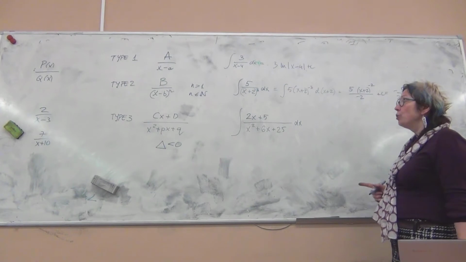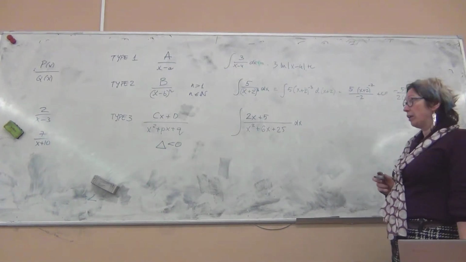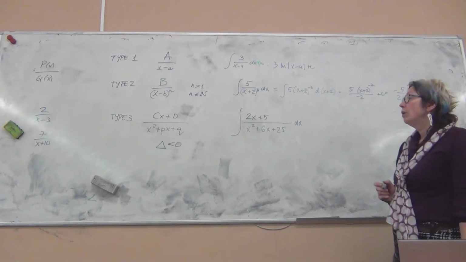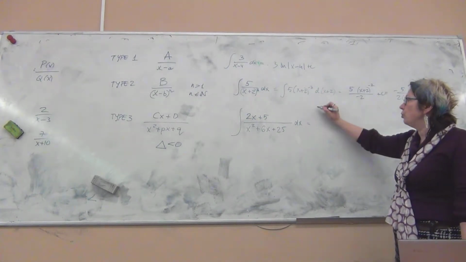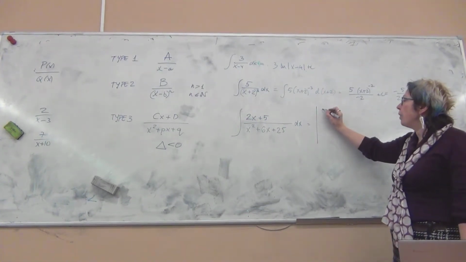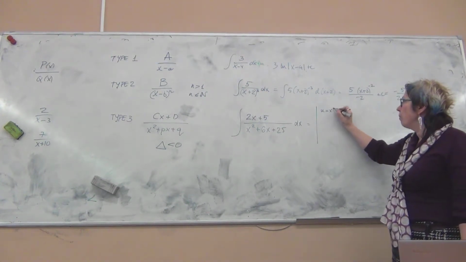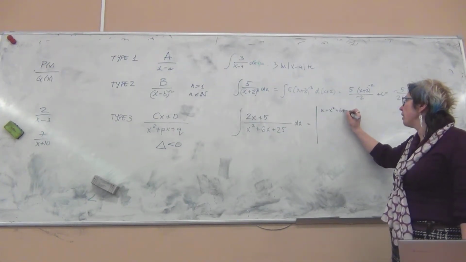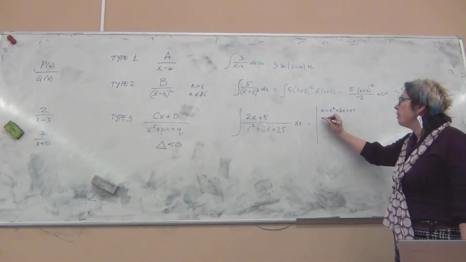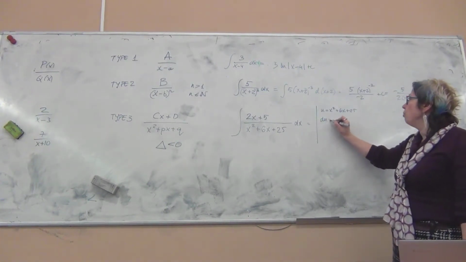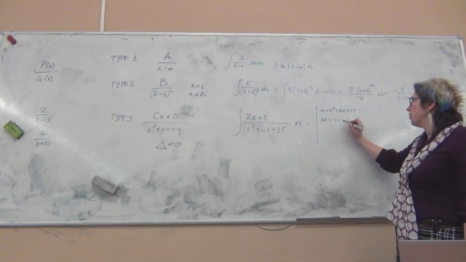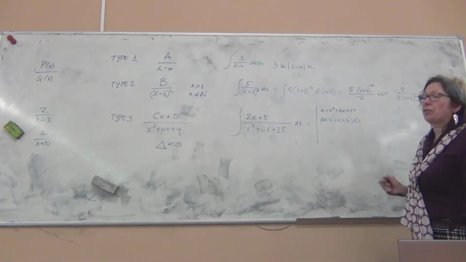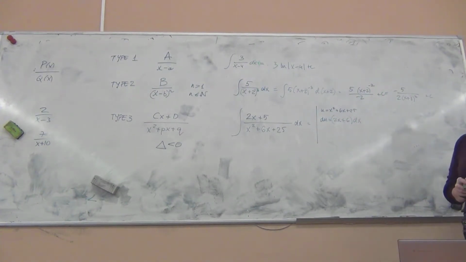How to integrate this? First of all, we have to notice that if we denote by u the function x squared plus 6x plus 25, then du will be (2x plus 6) dx. We almost have it.